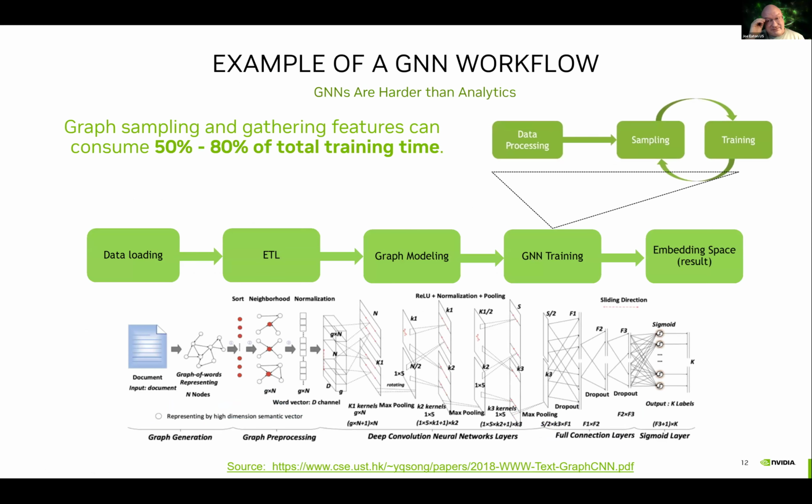Every GNN training is not a one-step deal. It's actually a whole workflow you need to go through, starting with data loading from some data source. It may be a database, maybe it's a bunch of local files. It's common to have Parquet files or CSV files to describe your graph.